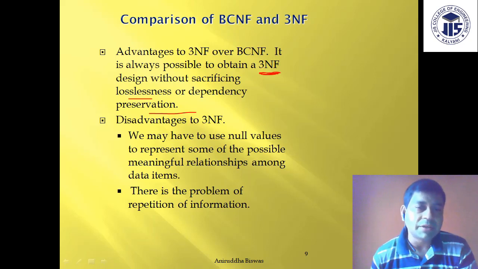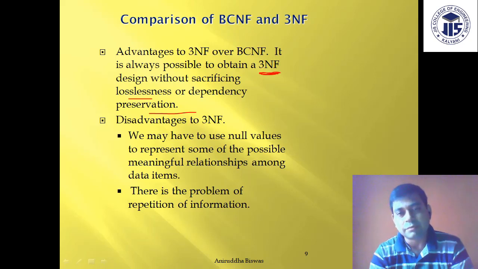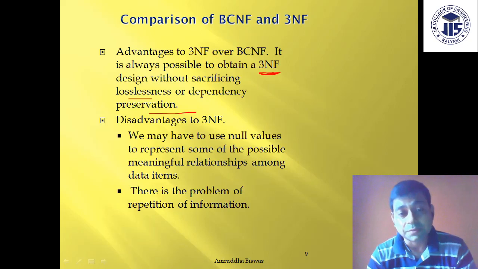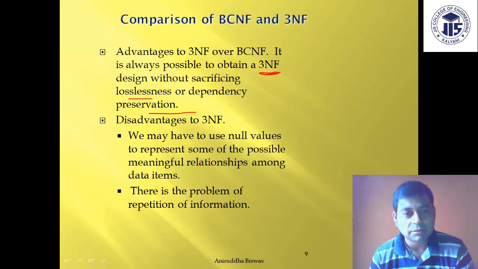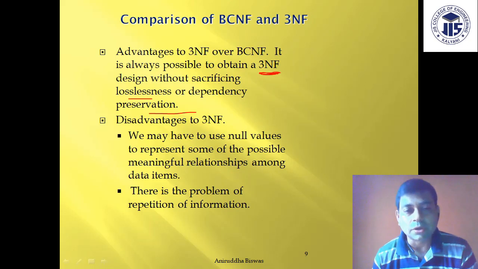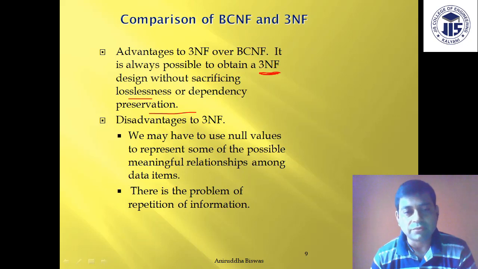But there is some disadvantage of 3NF as well. We may have to use null values to represent some of the possible meaningful relationships among data items, because when we have to include all the attributes which are being determined as candidate keys, then sometimes we need to put some field values as null, and that leads to a problem because handling null is not always possible by different SQL functions.